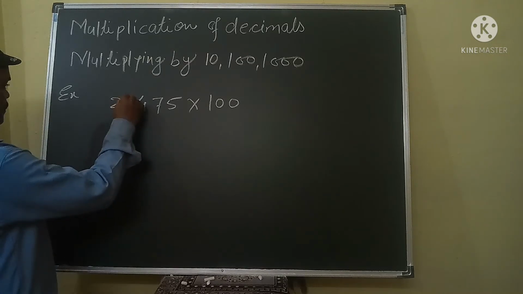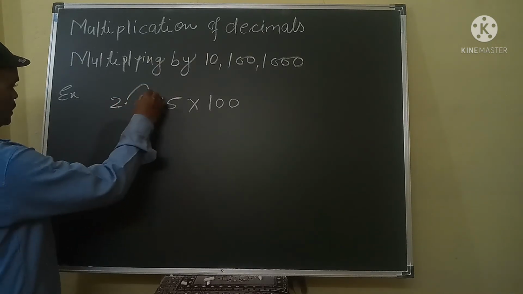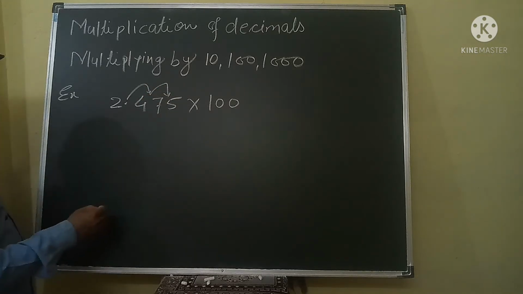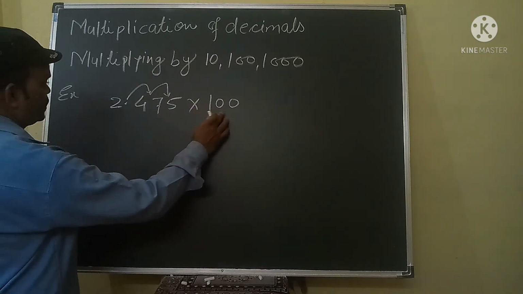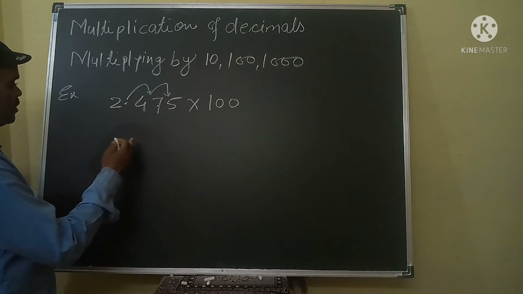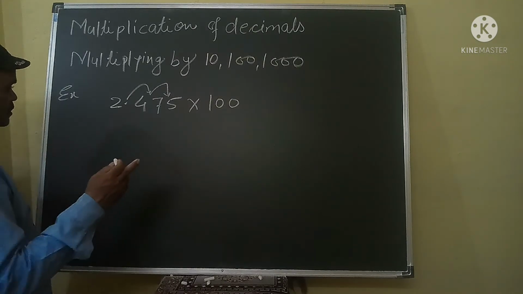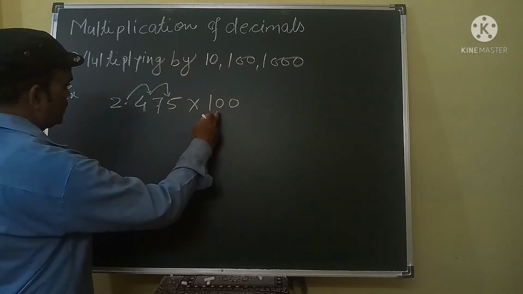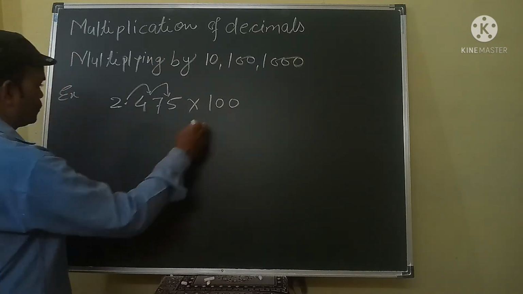Now look here. This is the first position and this is the final position. That means the number of 0s is 2, so we will move the decimal point 2 times. That's why in 100 the number of 0s is 2.